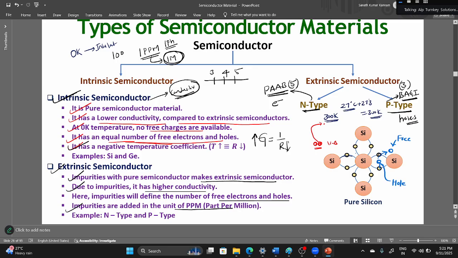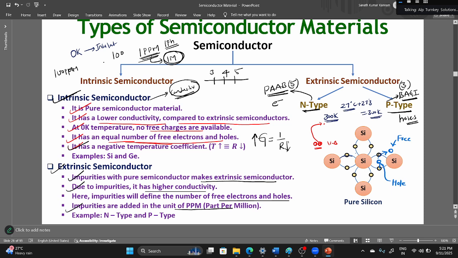So impurity is defined in terms of parts per million. Suppose I say 100 parts per million: in 1 million silicon atoms, we are adding 100 boron atoms, and we get p-type material.